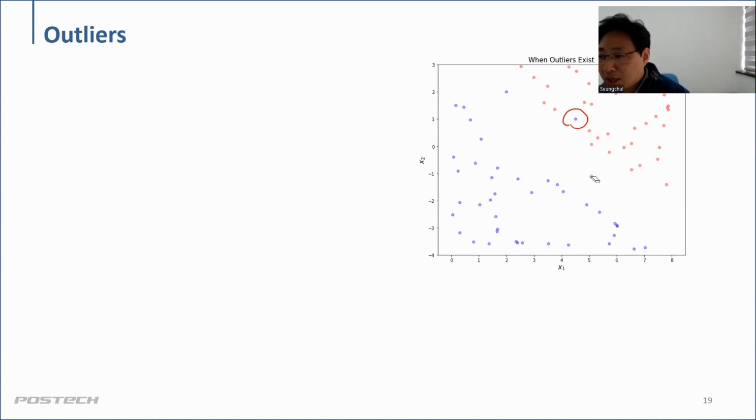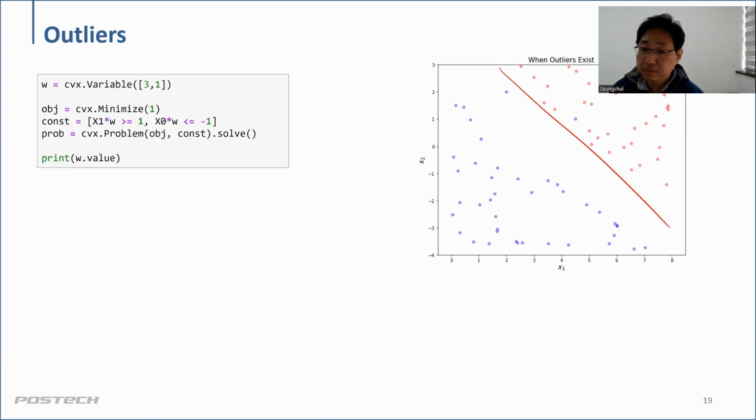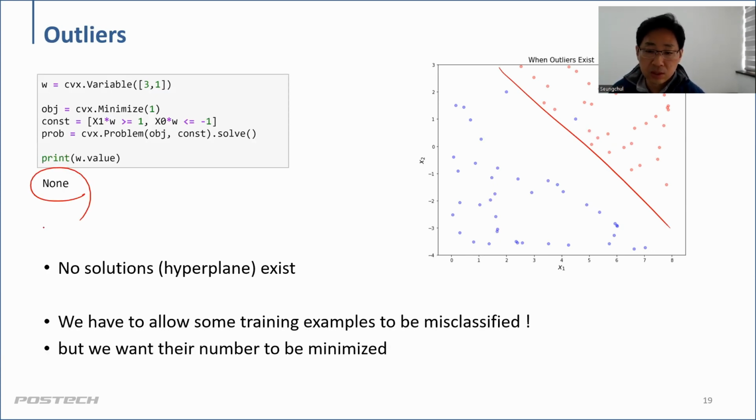You can have a curve, but that is a nonlinear classifier. I'm not talking about nonlinear classification yet. I'm only talking about linear classification right now. With straight lines, we cannot find a solution. That's the issue that we have. And as you can see, no solutions.